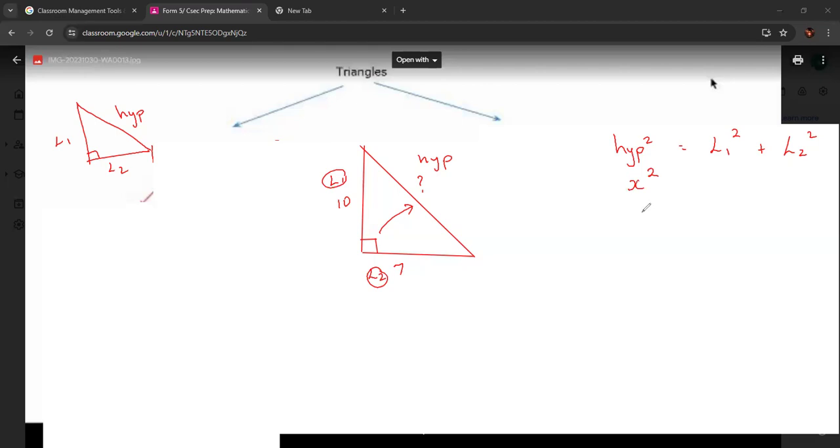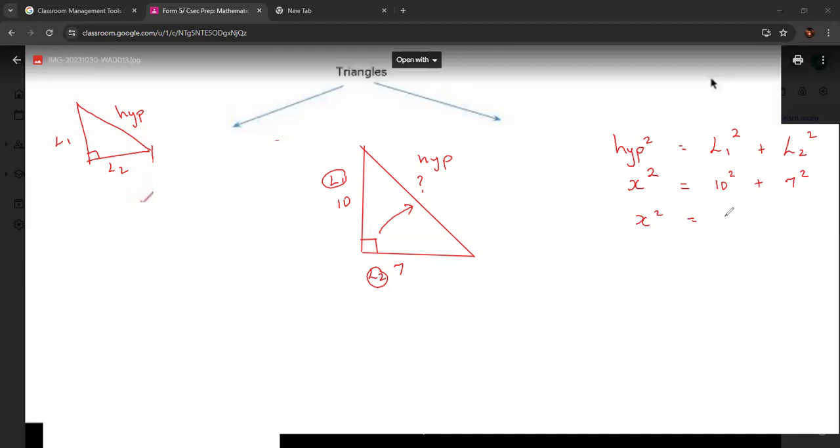In the formula, it labeled the hypotenuse A. And then the other two sides, B and C. All right, so L1, I labeled the one with 10, so that's 10 squared plus 7 squared. In this case, we're going to square each one.